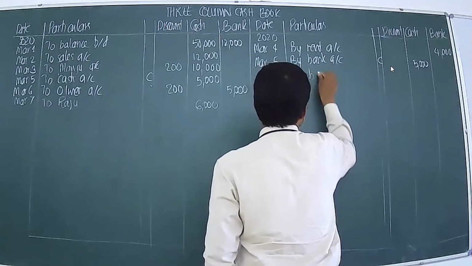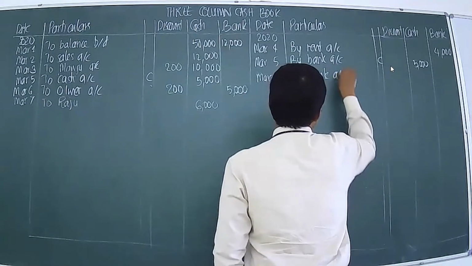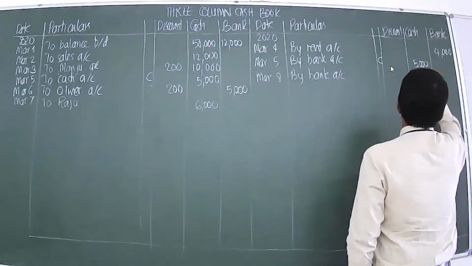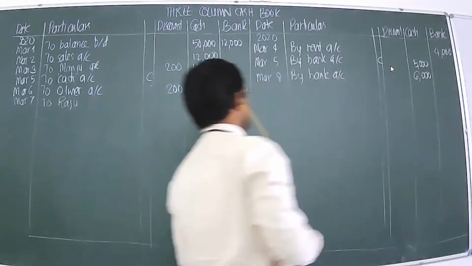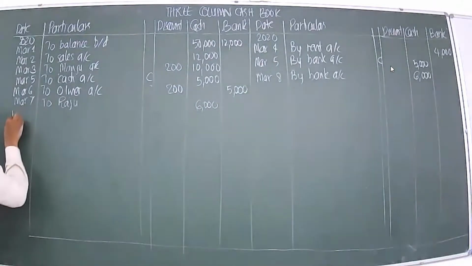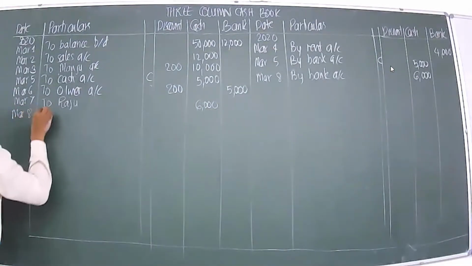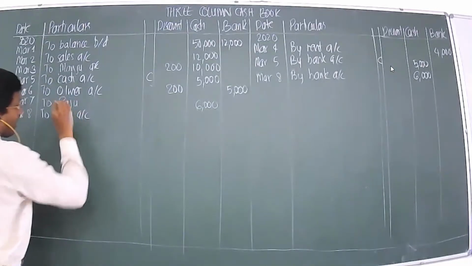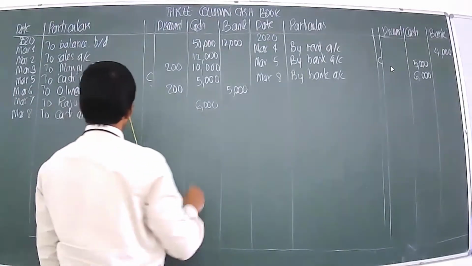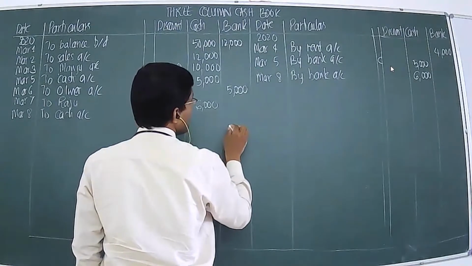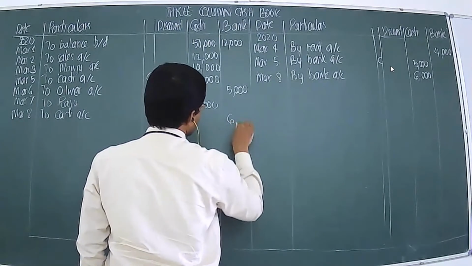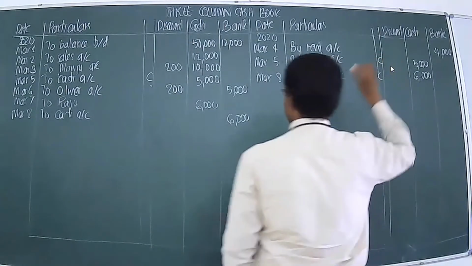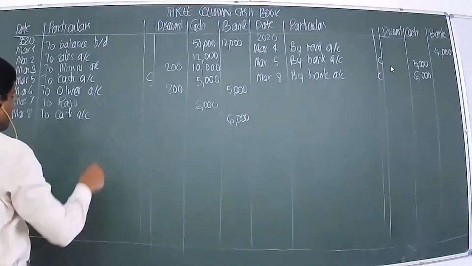Bank account debit, 6,000. And March 8th, to cash account, and the amount is 6,000. And please remember, this is a contra entry.